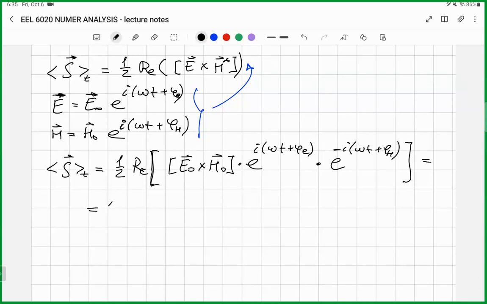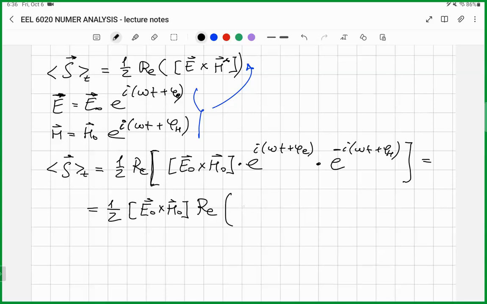So it is equal to, the amplitudes are real, so I can take them out from taking the real part of. So it's going to be E cross H, and then goes the real part of e to the power of i omega t minus i omega t, which cancel out.